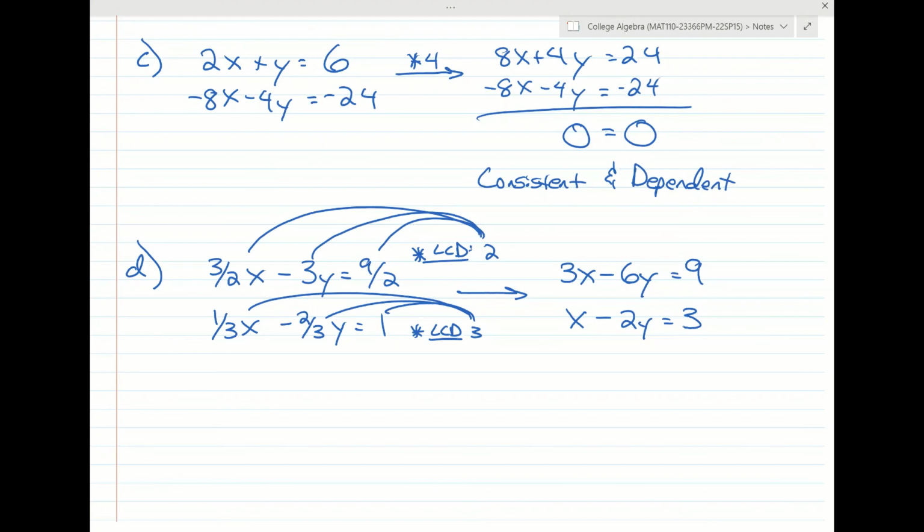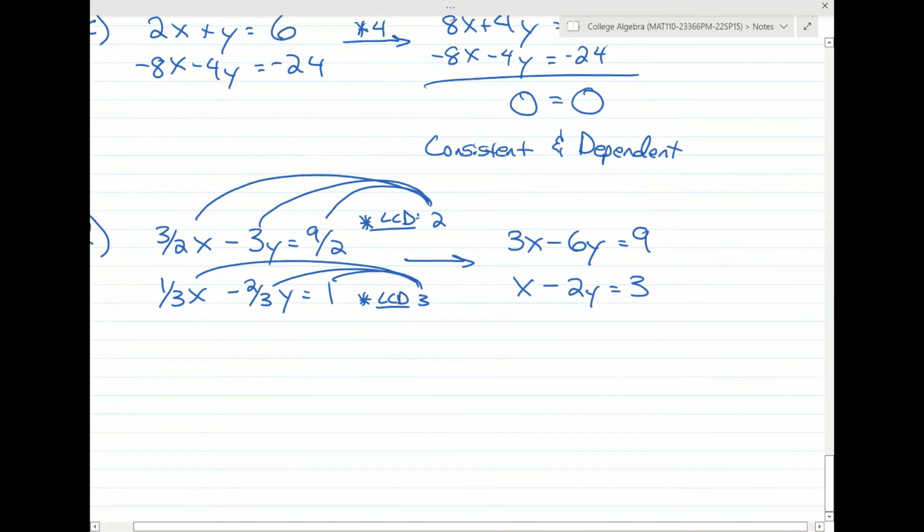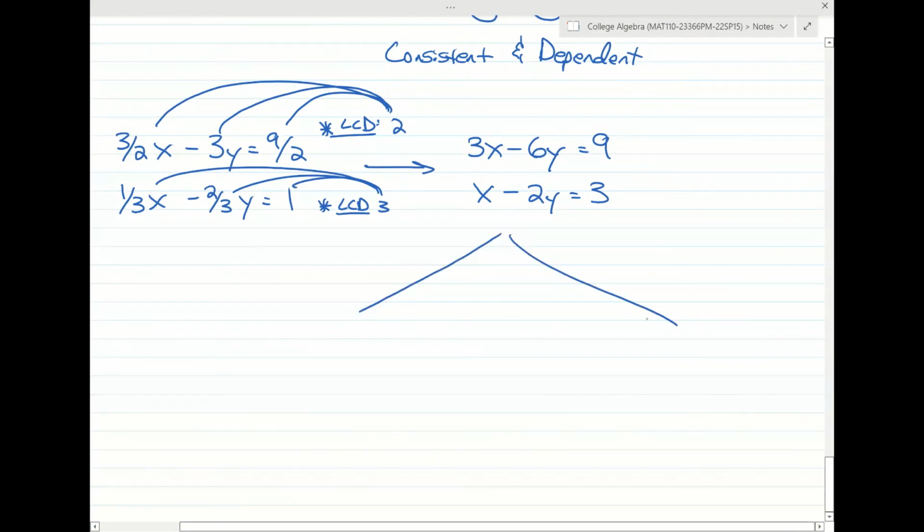Would you rather use elimination or substitution here? It doesn't matter. You could do this problem using substitution, and you'd get the same answer. You could do it by graphing, or using elimination. So we have 3 different techniques to get the same answer.